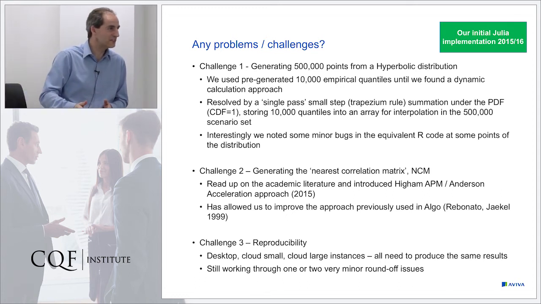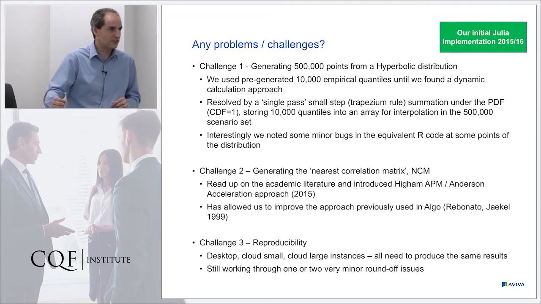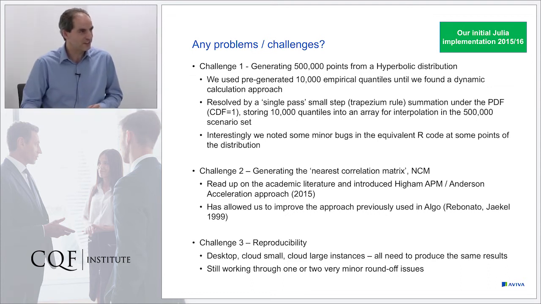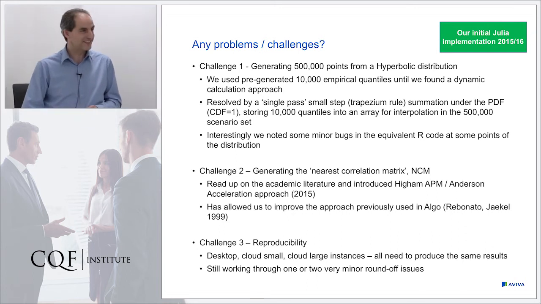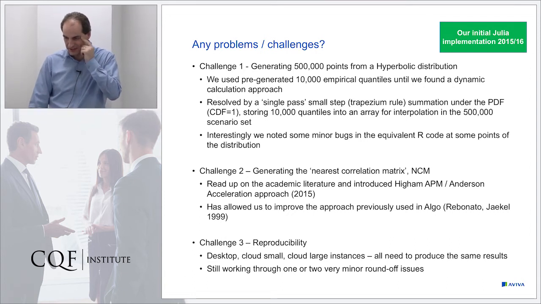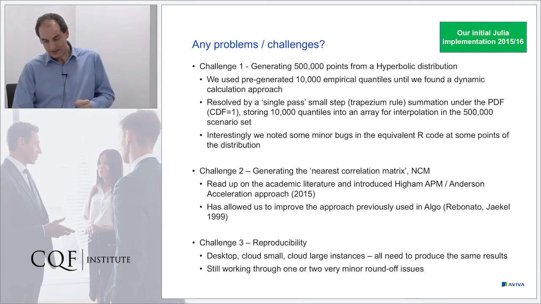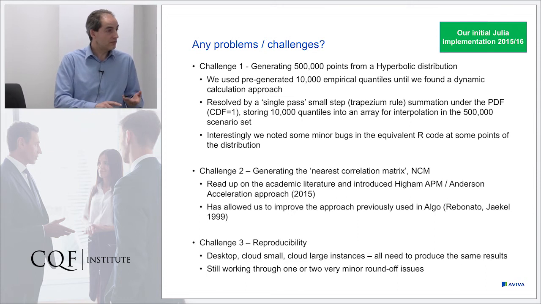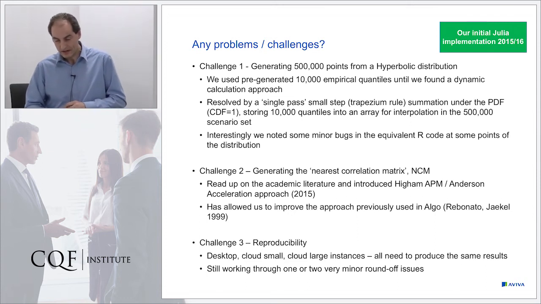I know the distributions package doesn't have the hyperbolic, so you should put it in. But it is quite a tricky one to get to run at speed. Right, there you go, Simon. It's used more widely than in Aviva, I believe. And for nearest correlation, you can go to the NAG library, MATLAB. They've all got these sort of NCM type algorithms, so it's again something you might want to look at.